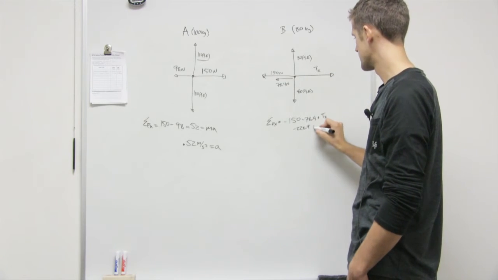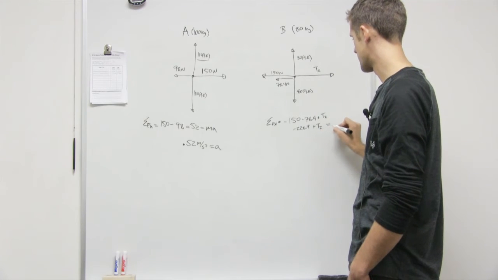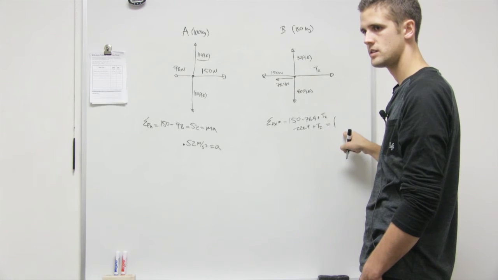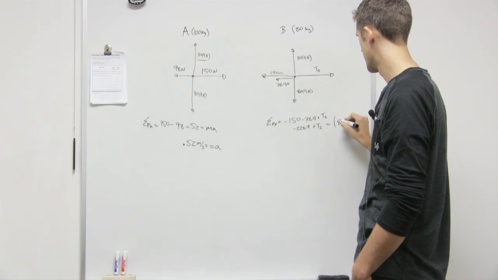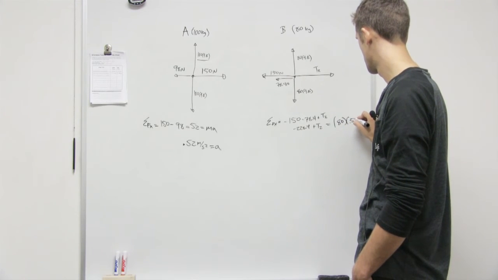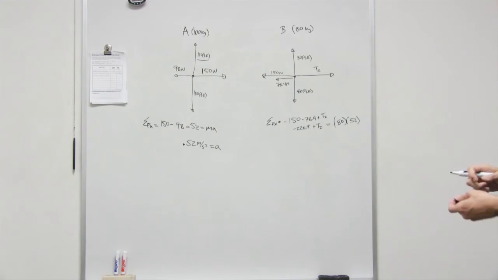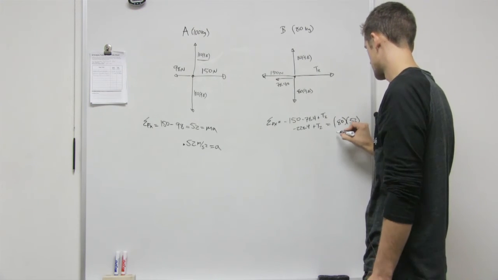This is plus T2, and that's all equal to what on this side? Mass times acceleration, so mass 80 times 0.52 is 41.6.